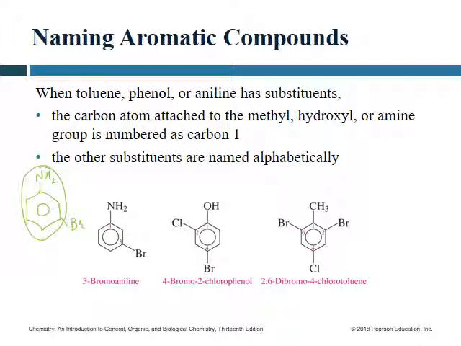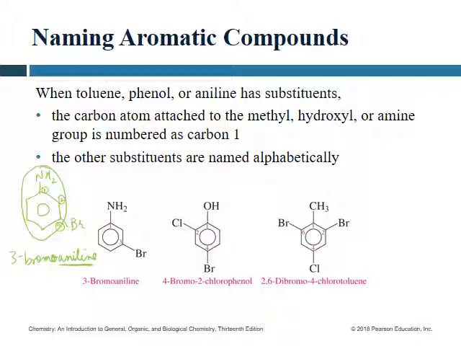Any benzene ring with an amine group is called aniline, where the aniline carbon is carbon number 1, this is carbon number 2, this is carbon number 3. So we can call this compound 3-bromoaniline. Aniline is our parent chain, and the numbering always starts from the aniline carbon.